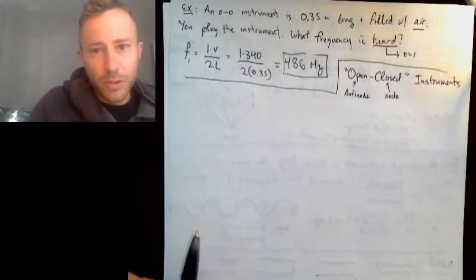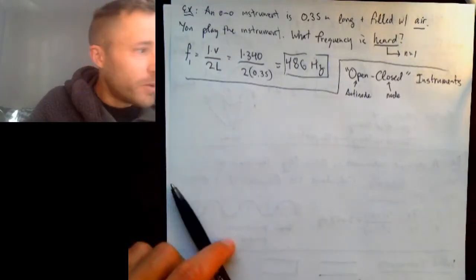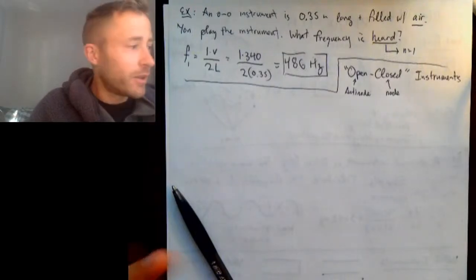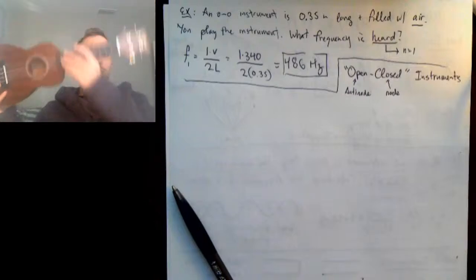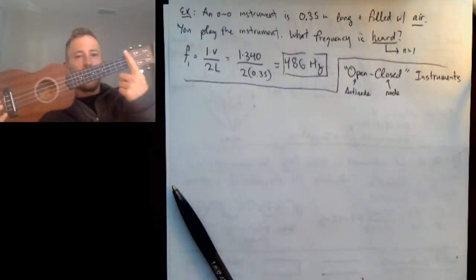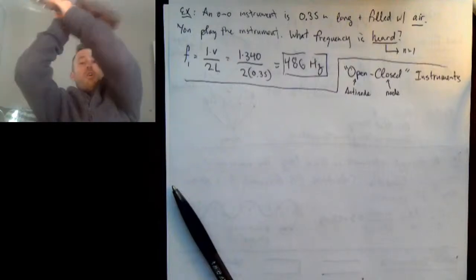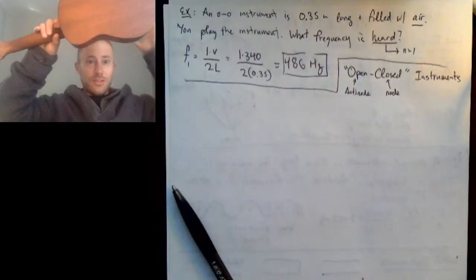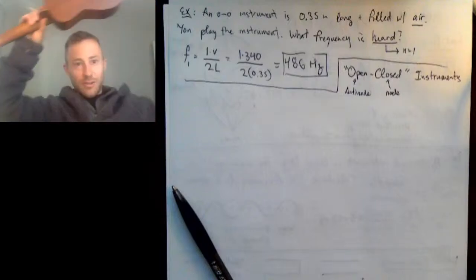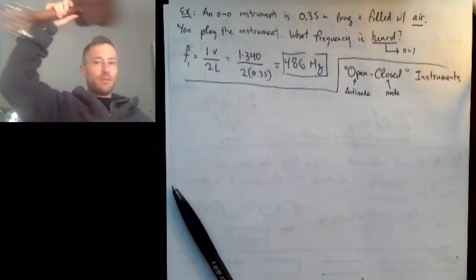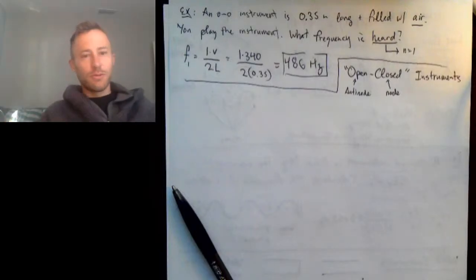Now you could ask the question, well, is there a closed-open instrument? And the answer is that's the same thing, right? If you have an instrument with an antinode at one end and a node at the other end, well, guess what, folks? Now it has a node at one end and the antinode at the other end. Okay, so open-closed and closed-open, same thing, just looking at it from a different side.